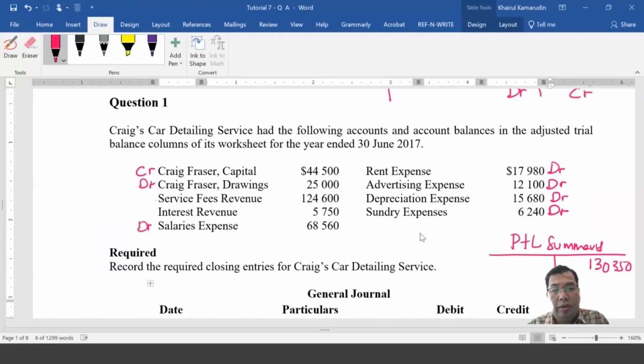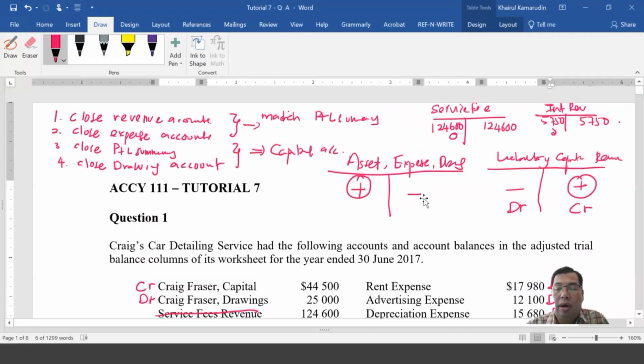We did this. Okay, this is debit. We have rent expense, advertising expense, depreciation expense, and sundry expense. We have 5 accounts, okay, with different values. If you go back to our guideline here, expenses have a debit balance.